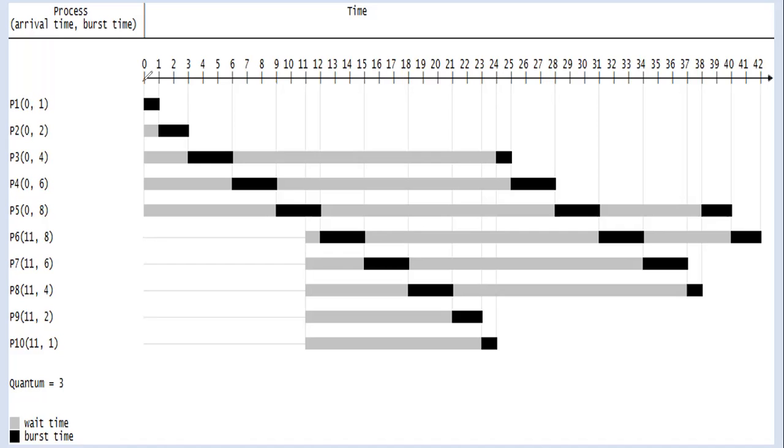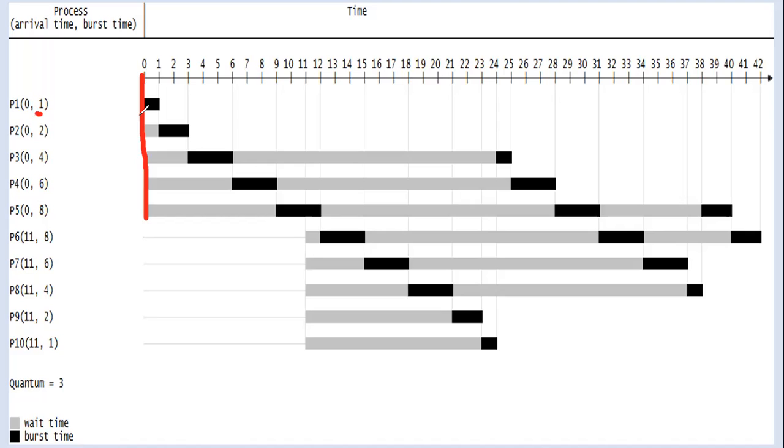So the same thing we have done for the other algorithm. Using the chart, you indicate the arrival times. So the arrival time for processes P1 to P5 is time 0. So process 1 will be processed for 1.